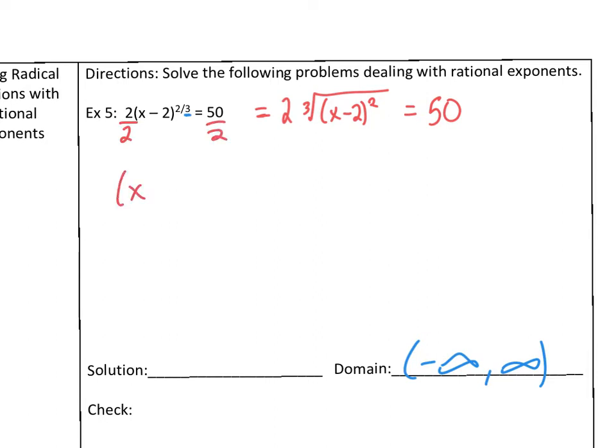When you do that, you just get x minus 2 to the 2/3 equals 25. Okay, and just like the one that we did in the first part of notes, I've got to use my reciprocal. I heard somebody say it. What would the reciprocal be? 3/2.